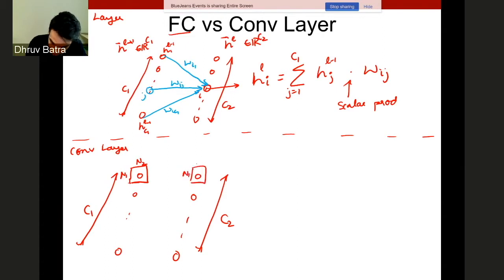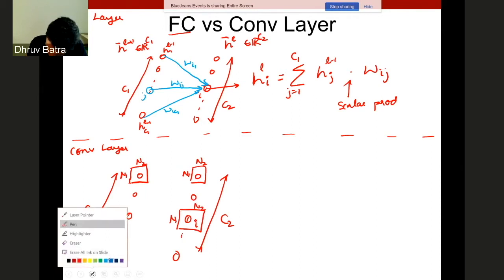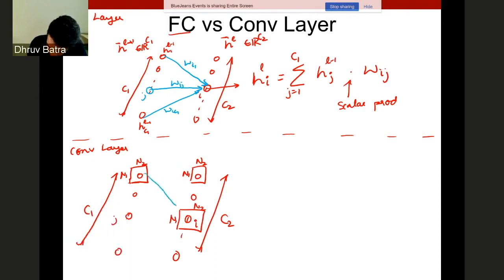Let's say we're doing same size convolution, so the outputs are also the same size. We'll talk about the sizes in a bit. Don't worry about that. And this is the ith neuron. This is the jth neuron. Everything is an n1 by n2 sized filter. Now let's talk about the weights. As far as the weights are concerned, this weight on the edge, at the top, it was a scalar. W_i1 was a scalar.